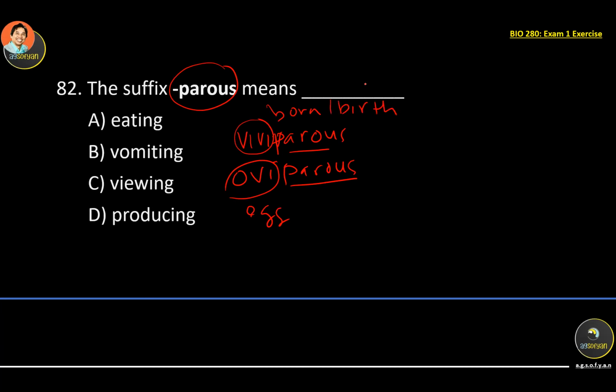Okay, so this is related to reproduction. So an oviparous animal means an animal that reproduces by laying eggs. Viviparous is an animal that reproduces by giving birth, okay, to a baby. So parous means producing. It's related to reproduction.